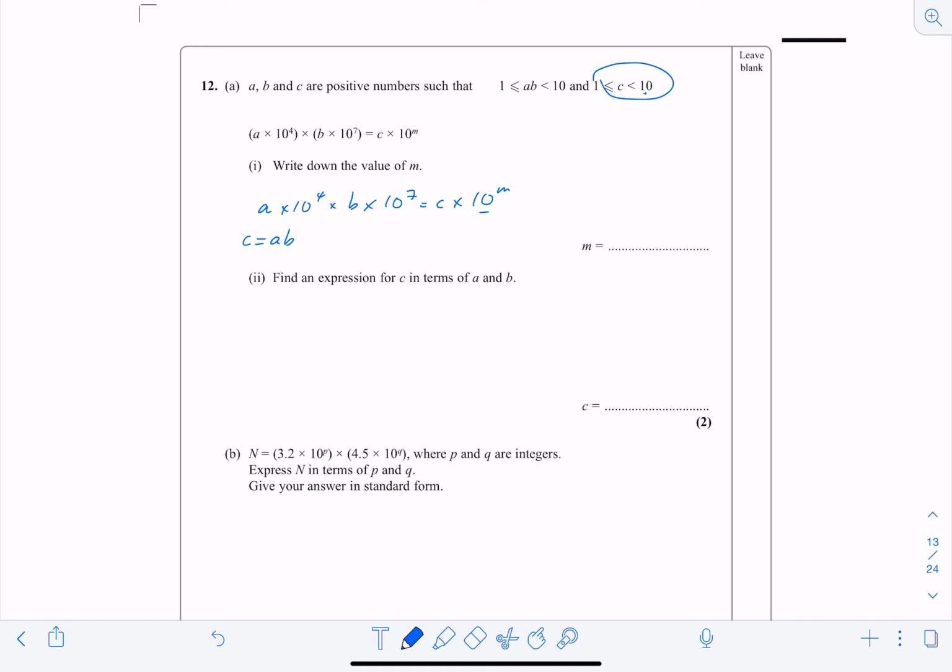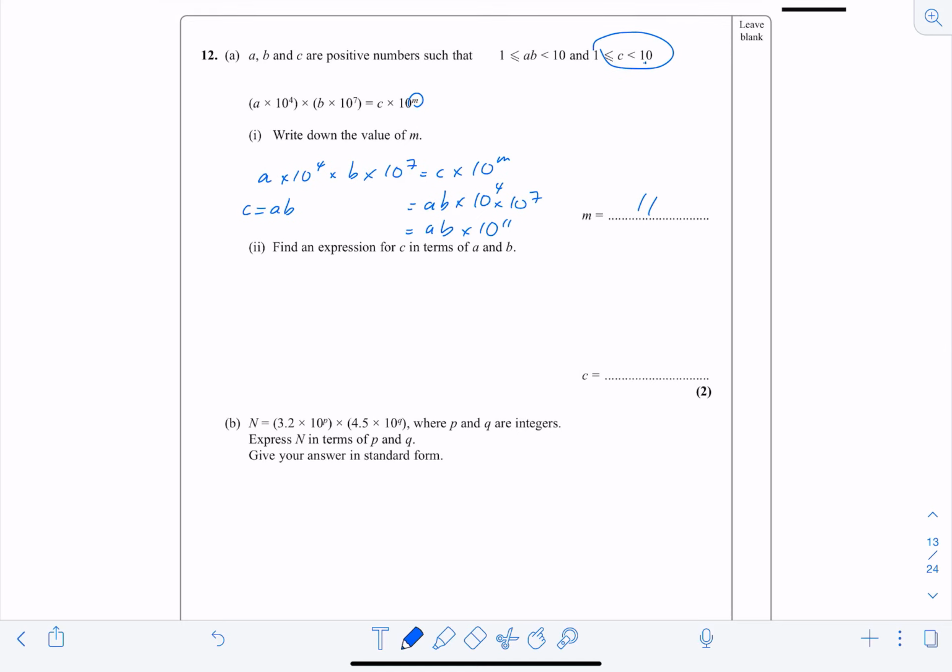C equals AB, and so you're going to get AB times 10 to the 4 times 10 to the 7, which is AB times 10 to the 11. So there must be 11. Oh, there you go, I've already done it. Find an expression for C in terms of A and B. C equals AB.